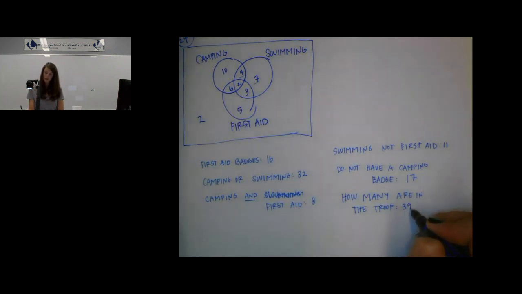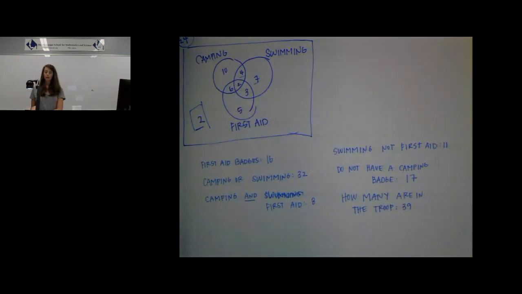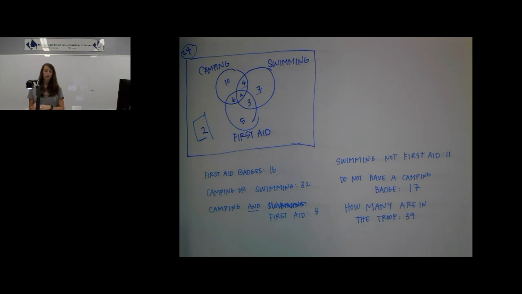So don't forget these two that are out here that don't have anything. They have not completed anything, so they do not have any badges. So don't forget about them. And I think on the quiz, y'all were forgetting about the ones that hung out here.